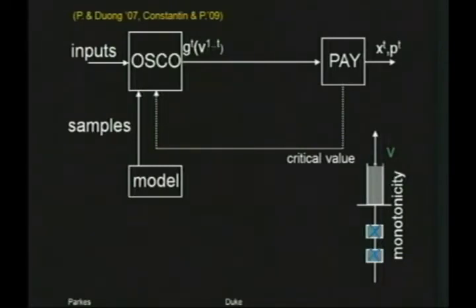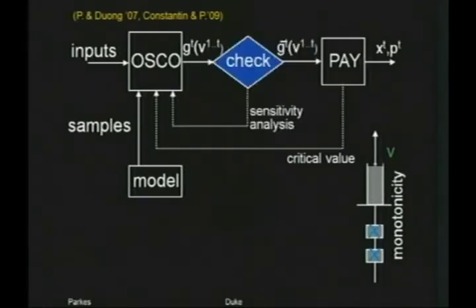Throw them away. We don't use them. We do this to make the mechanism strategy proof. Okay. So what we do is we put this check, this computational sensitivity analysis, in the middle, and we automatically correct the decision of the online stochastic algorithm. And then we compute critical value with respect to this whole thing. And we actually have been able to get this all to scale.